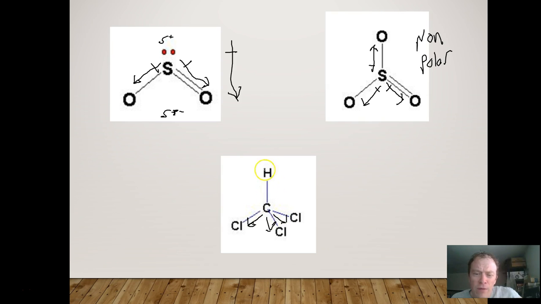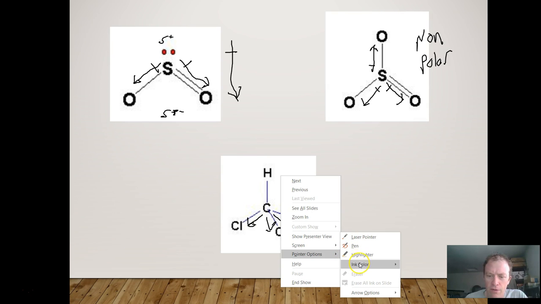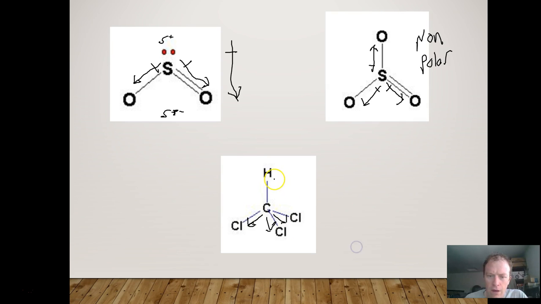Carbon and hydrogen have very similar electronegativities, so the carbon-hydrogen bond is pretty much nonpolar, but there is a slight polarity to it, which I should probably draw as a shorter arrow, but oh well. So you've got these three things going down. Overall electron density is going to be pulled down in this direction. This molecule is polar, with the negative side down here and the positive side more up here.